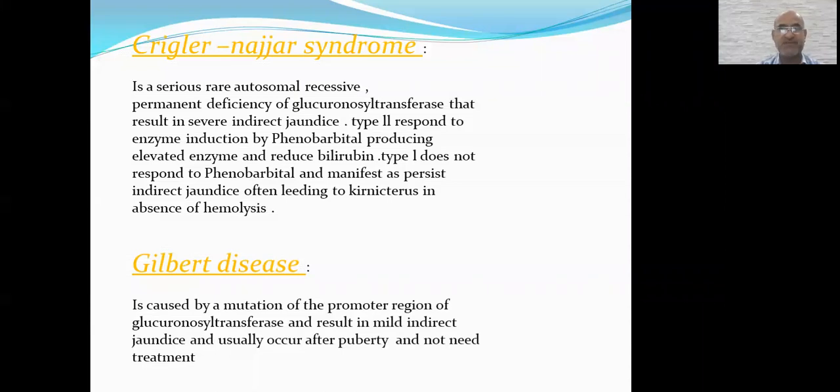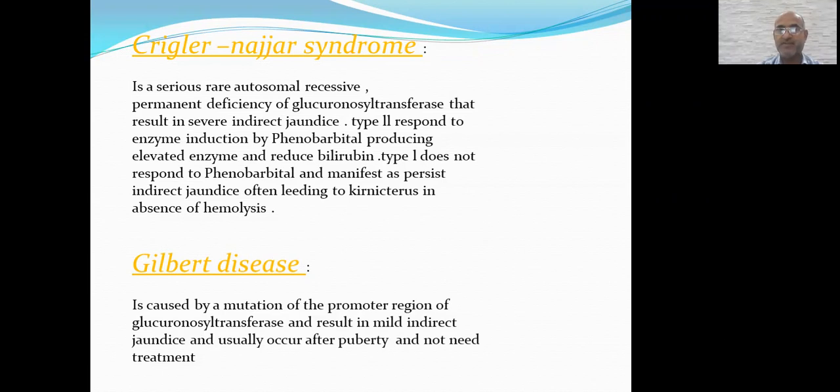So glucuronidase enzyme is very important in conversion of indirect to direct bilirubin. We have two types of Crigler-Najjar. Type 1 is the most severe one, with complete absence of the enzyme.